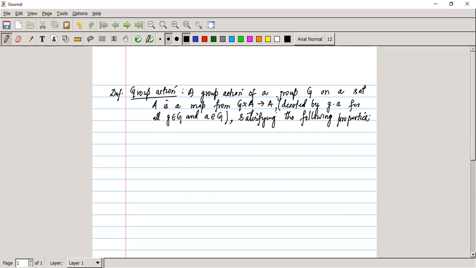So a group action is a mapping from G cross A into A. This is denoted by G dot A, where G belongs to G and A belongs to A. Then this mapping must satisfy the following properties.